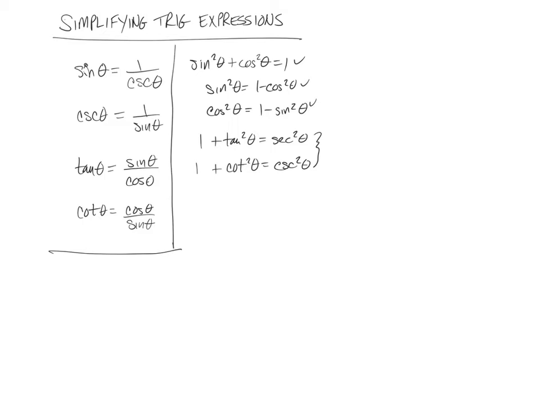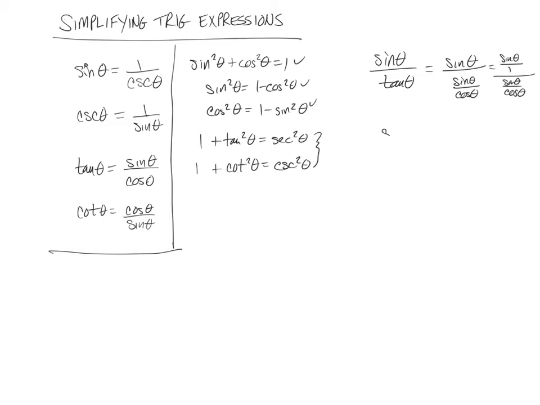So, for an example, let's say you had the sine of theta over the tangent of theta. They said, okay, let's simplify that. So we'd say, okay, that's the sine of theta over the sine over the cosine. And knowing how fractions work, we can think of this numerator as the sine of theta over 1, and the denominator being the sine of theta over cosine of theta.